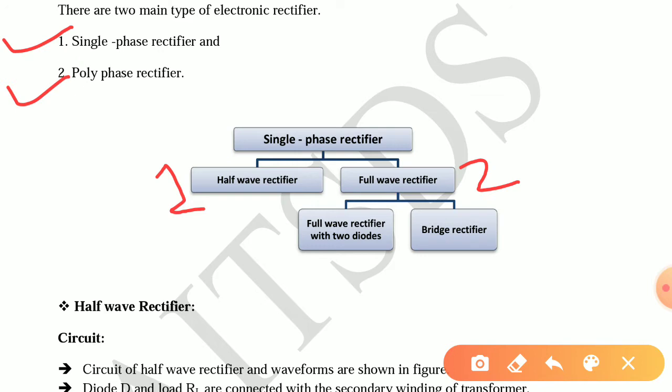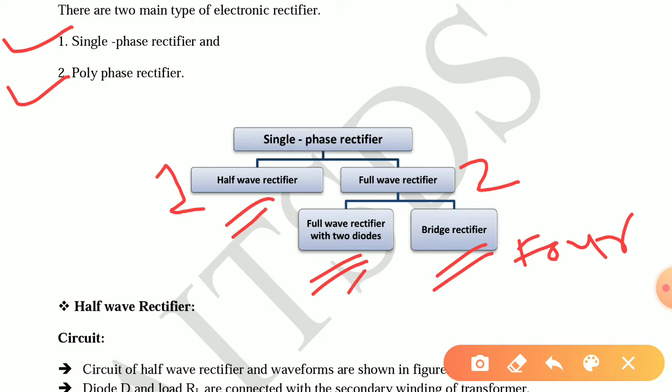Full wave rectifier is again classified in two categories: full wave rectifier with 2 diodes and full wave rectifier with 4 diodes. Using 4 diodes, it's known as a bridge rectifier. So in detail we are going to study mainly three topics: half wave rectifier, full wave rectifier using 2 diodes, and full wave rectifier using a bridge rectifier, or we can say full wave rectifier with 4 diodes.